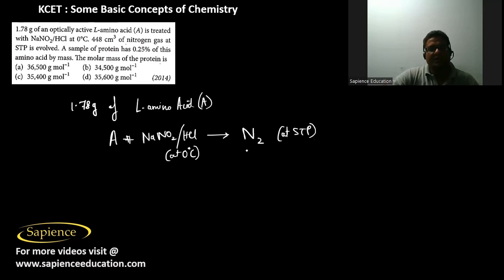It is told that if 1.78 gram of this L amino acid is used, then 448 centimeter cube of nitrogen gas is obtained at STP.